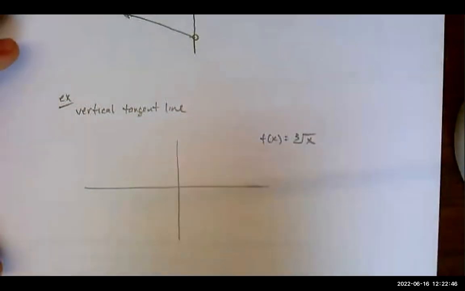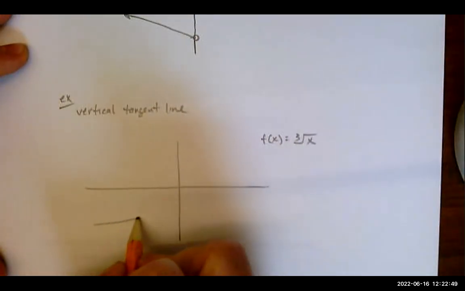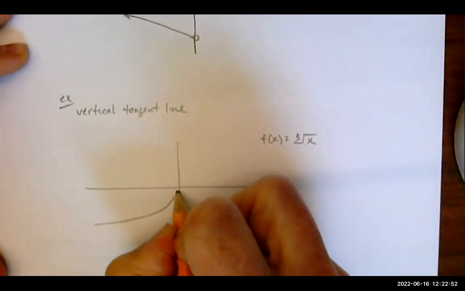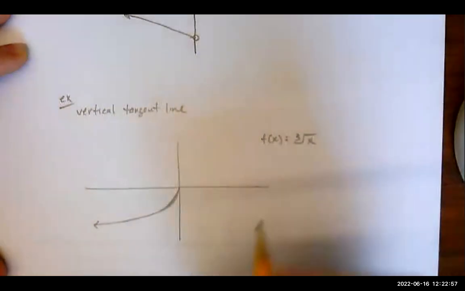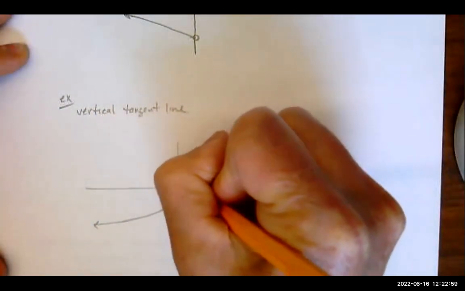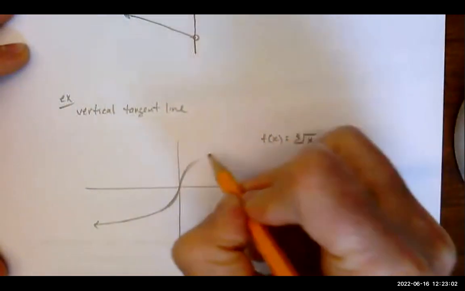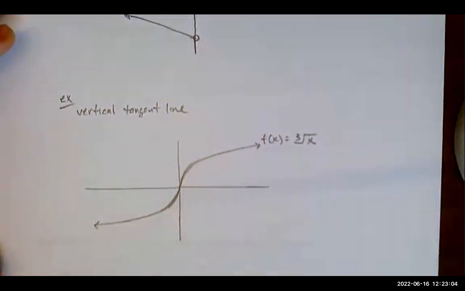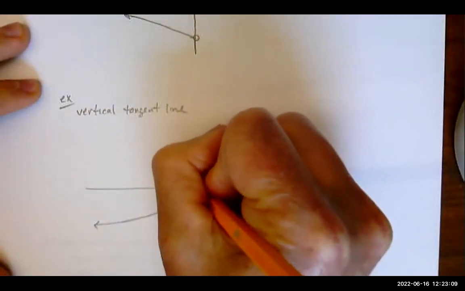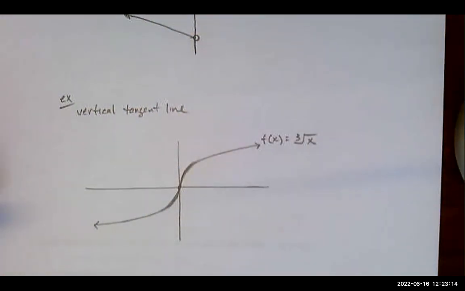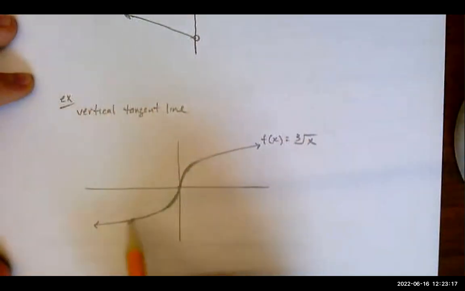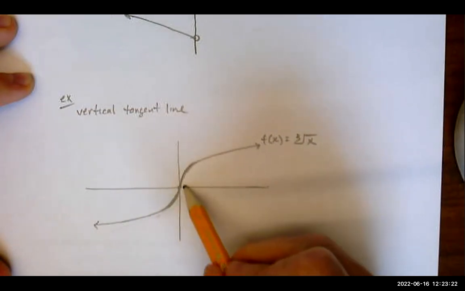If you were to graph the cube root, it would come in, approach 0, start to level out like that, and then it would have that mirror image and keep going. There's cube root of x. I might not have done the best job at drawing it, but right here at the origin, think of the tangent lines. The tangent lines are positive, and getting more positive.